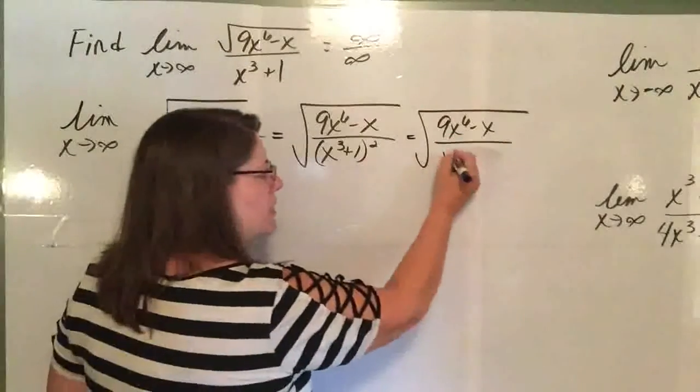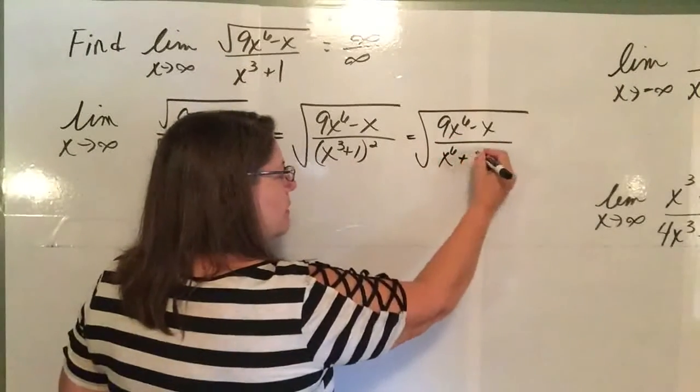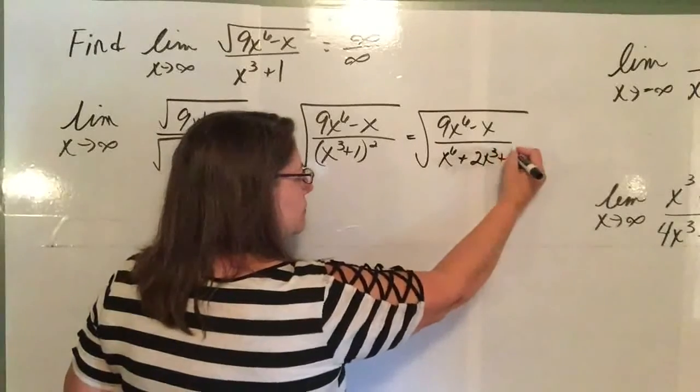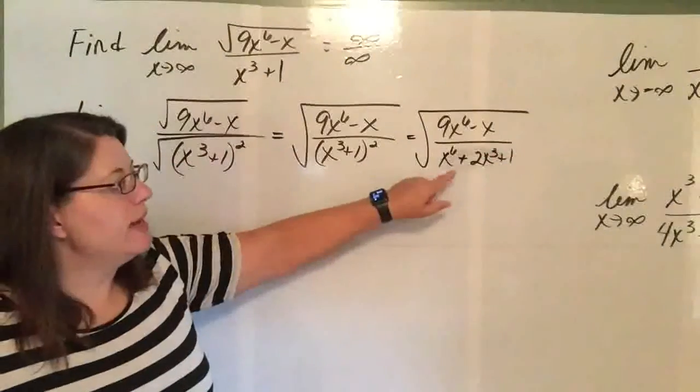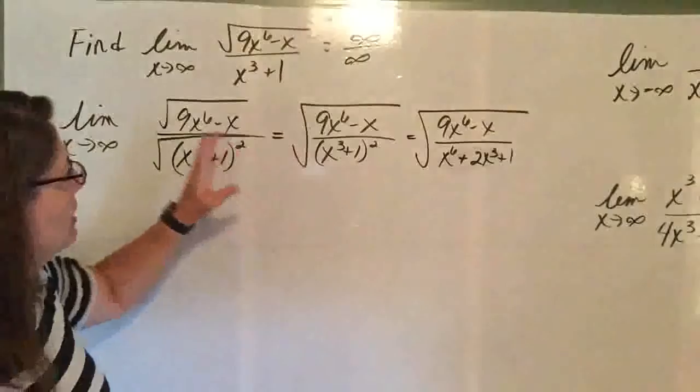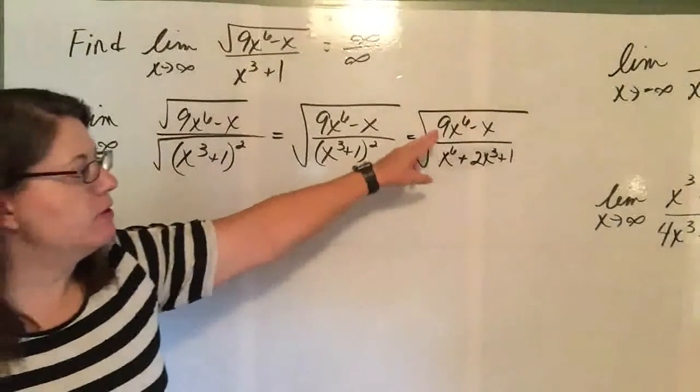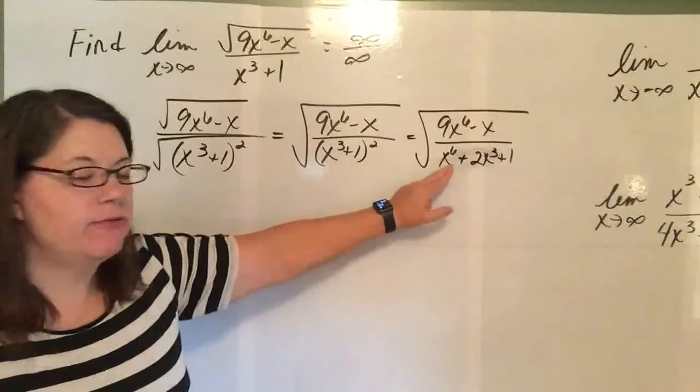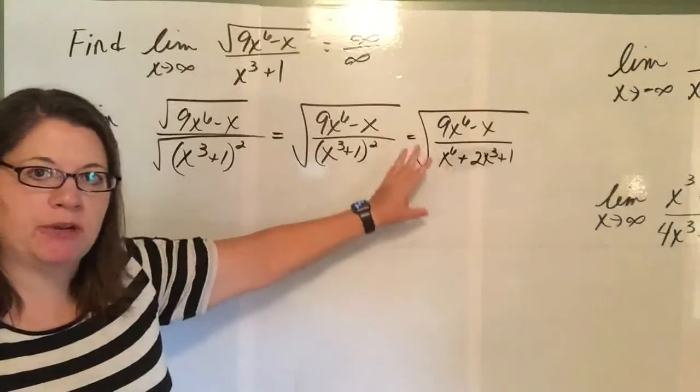That would be x to the 6th plus 2x cubed plus 1. Once I get it here, if I try to plug infinity in, I'm still going to have infinity over infinity. So I still have the indeterminate form.